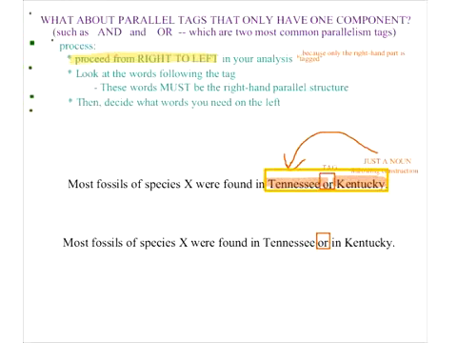In this case, what is the right-hand parallel structure in this sentence? What is tagged by or in this sentence? Indicate in the text box. Okay, in this part, the right-hand parallel structure is in Kentucky.